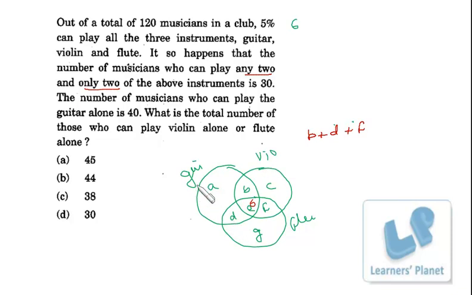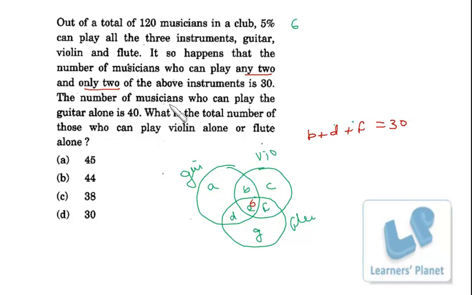D is the number of people who can play guitar and flute both, exactly 2. And F is the number of persons who can play flute and violin, but not guitar, right? So B plus D plus F, who can play 2 and only 2 of the above instruments, is 30. So this is 30.